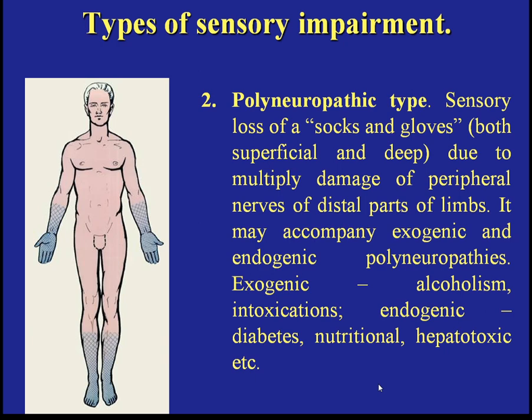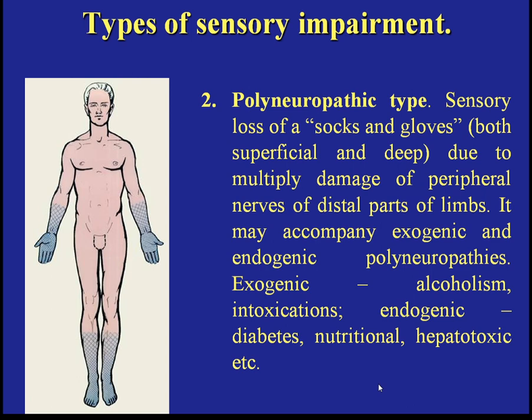Types of sensory impairment. Type number 2. The polyneuropathic type. Sensory loss of a socks and gloves pattern. Both superficial and deep sensation are affected due to multiple damage of peripheral nerves of distal parts of extremities.